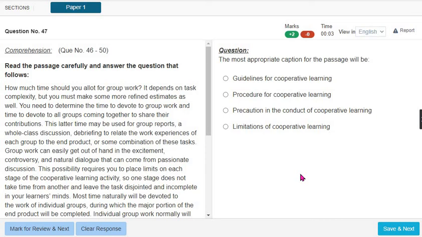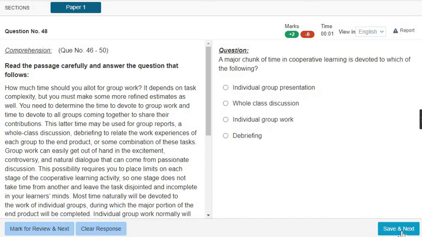The most appropriate caption for this passage will be: guidelines for cooperative learning, procedure of cooperative learning. So the answer is precautions to conduct cooperative learning. A major chunk of time in cooperative learning is devoted to which of the following?